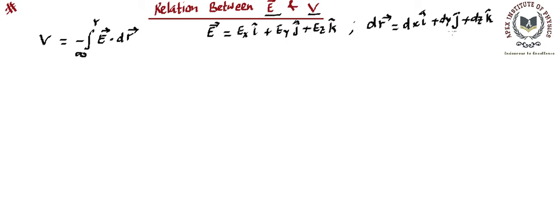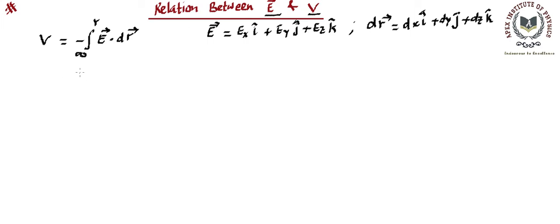If we differentiate both sides, it becomes a differential r vector equal to differential x i cap plus differential y j cap plus differential z k cap. Now we know the dot product that has to be performed over here. If we place E and do a dot with dr, the i coefficients get multiplied, the j coefficients get multiplied, and the k coefficients get multiplied.